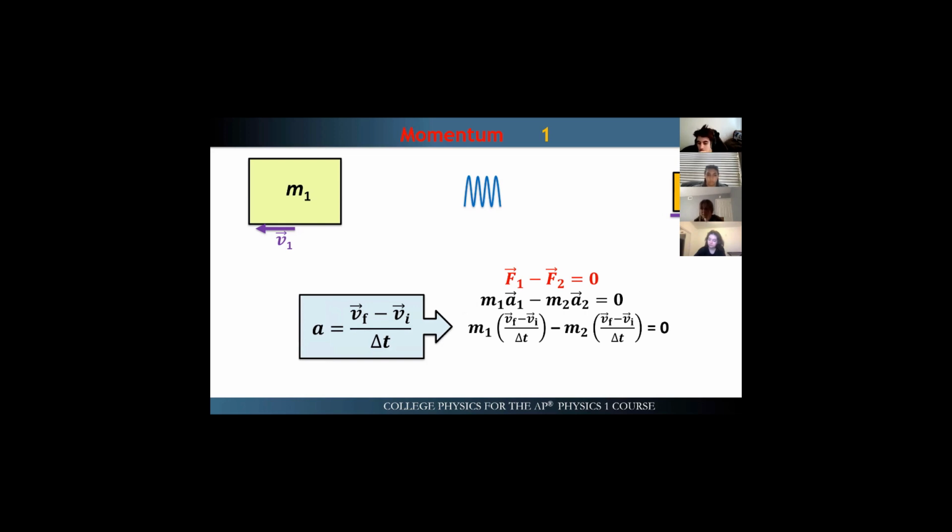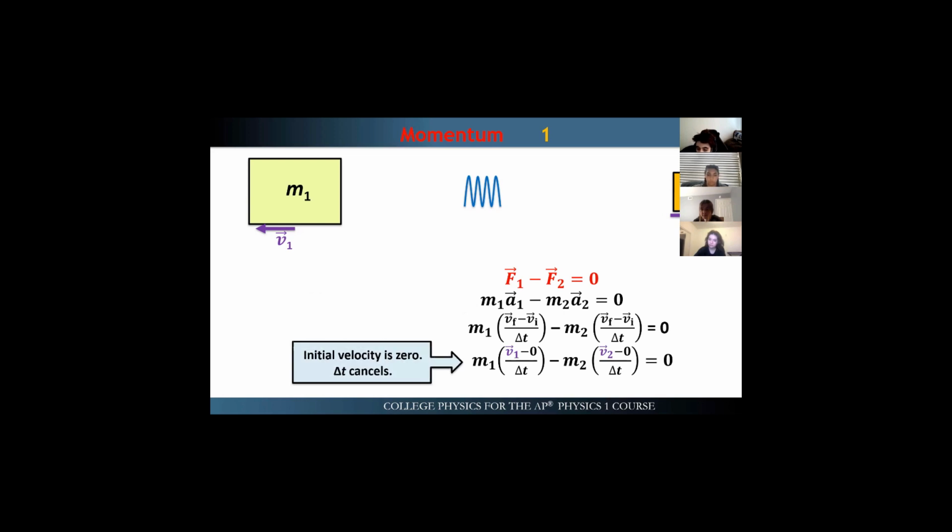Now, we also know that in this scenario, they started at rest. So those Vi's are all 0. And if you look at it mathematically, the amount of time is the same, and the time would also cancel. If we set m1 times v1 over t equal to m2 times v2 over t, if we just added that second term to the other side of the equal sign, you might more easily see that the t's would cancel.